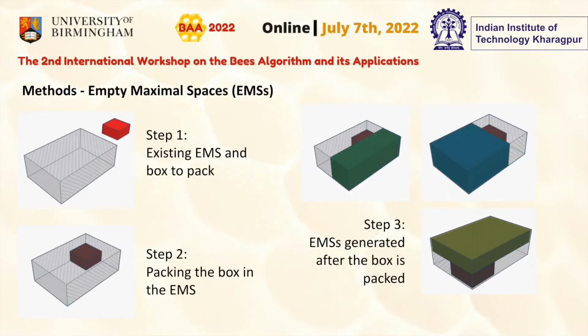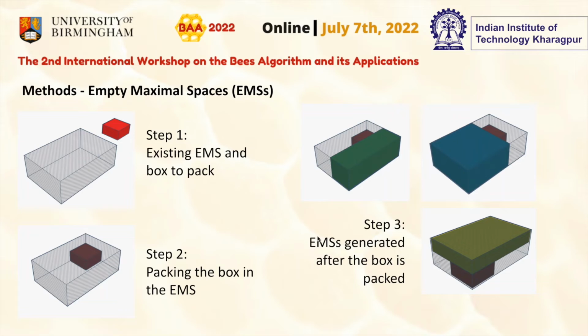Before I move on to explaining DFT-RC, I'd like to explain what empty maximal spaces are. Assuming that this gray box in step 1 is the empty maximal space, or the empty space that we have in a particular bin in order to pack a box into, what we do is pack the box in the bottommost leftmost corner that we can find, which you can see in step 2.